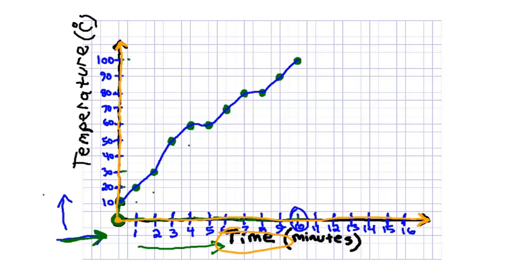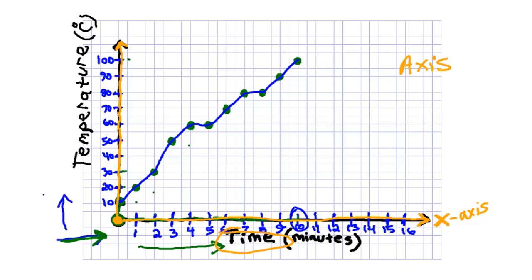But there are actually technical terms for these lines. The timeline is going to be your x-axis. So each of these lines is called an axis, A-X-I-S. So the timeline is actually called your x-axis.